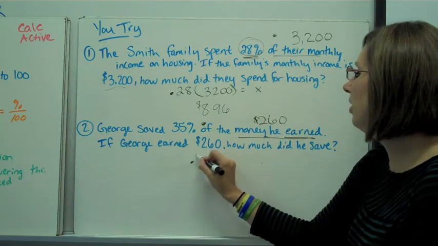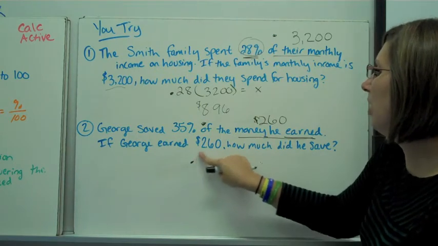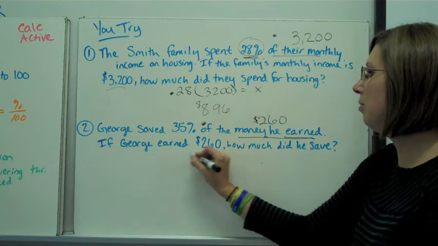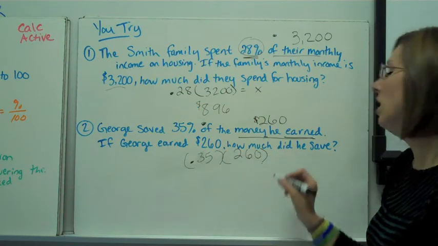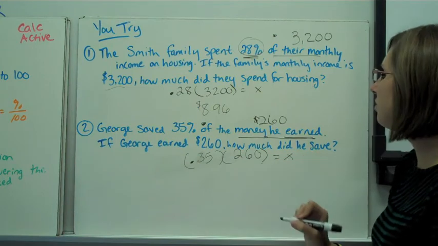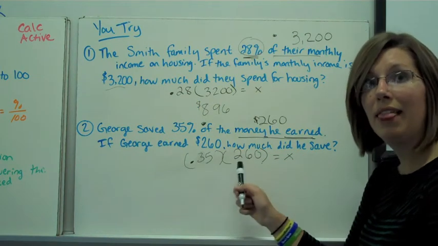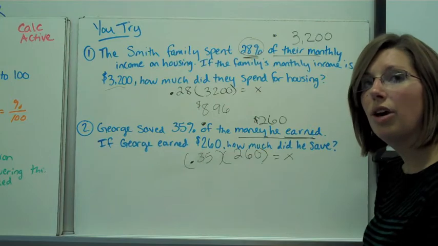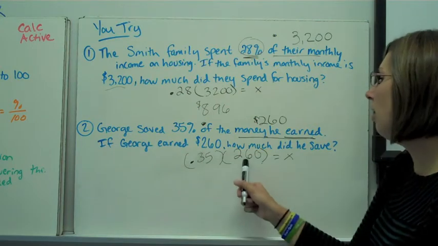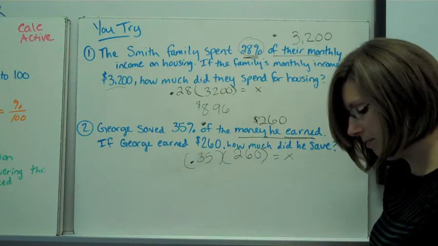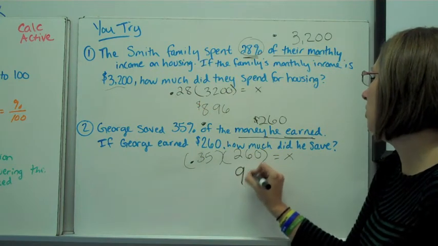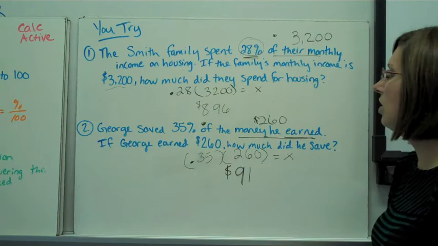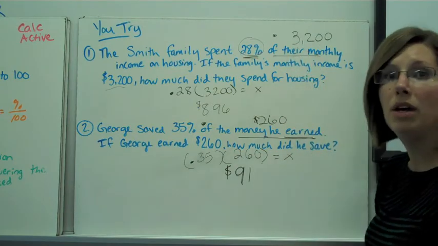So basically you're asking yourself, what is 35% of 260? That's how much he's going to save. He's going to save less than he earned. So you know your answer is going to be smaller than 260. When you multiply it out, you get $91. So these problems are actually set up the same way.